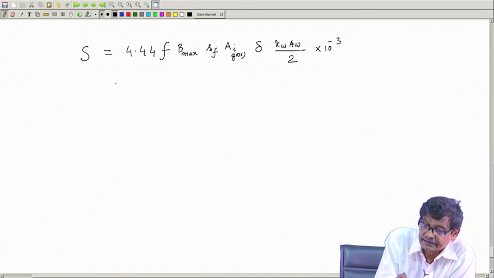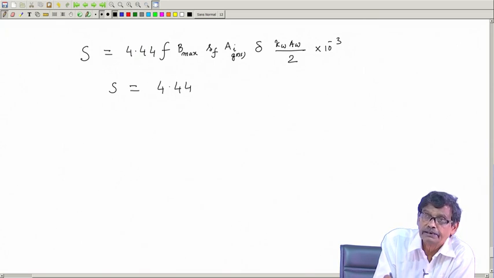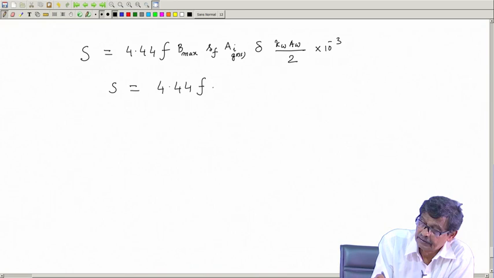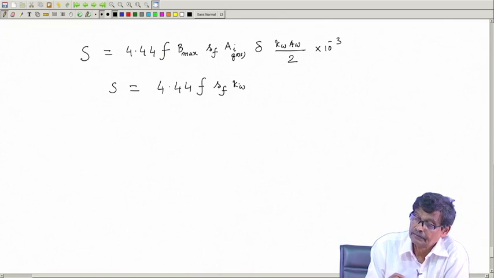So, S, the kVA rating of the transformer, is 4.44 root 2 pi F. These two factors you write, the stack factor and the window space factor KW.